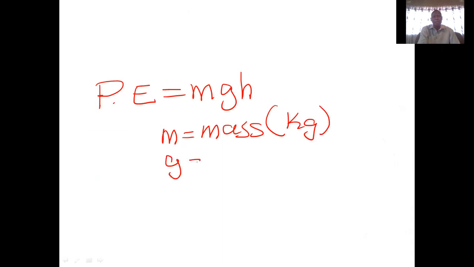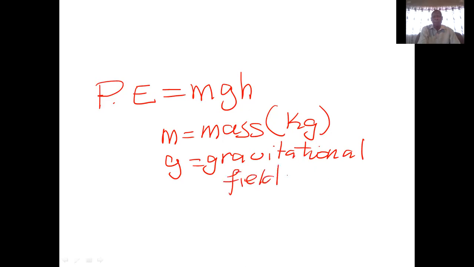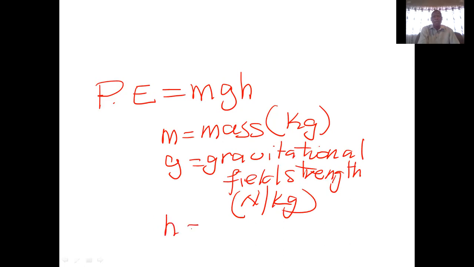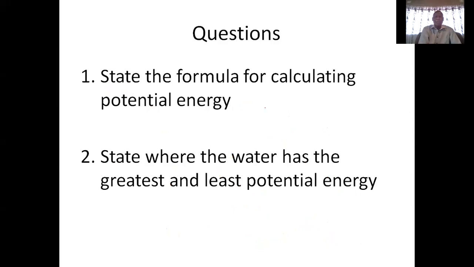G is the gravitational field strength, which should be in newtons per kg. And H is the height. This height should be measured in meters. So we have done the first part of the question.